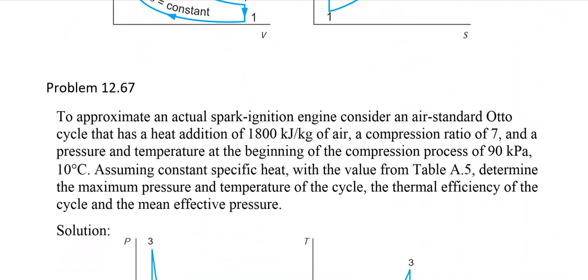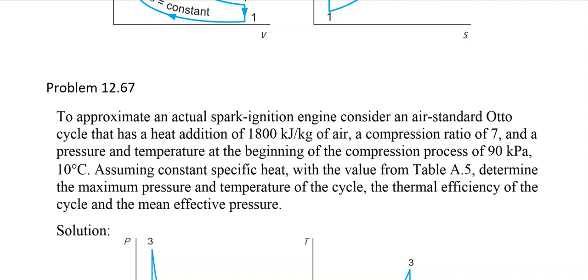Moving towards the next question, which is problem number 12.67, same Borgnakke and Sonntag book, 7th edition. To approximate the actual spark ignition engine, consider a standard Otto cycle that has a heat addition of 1800 kilojoule per kg of the air, a compression ratio of 7, and the pressure and temperature at the beginning of the compression process of 90 kilopascal and 10 degrees centigrade.